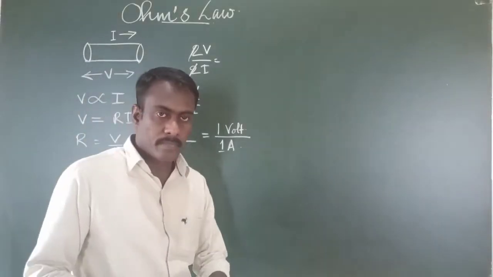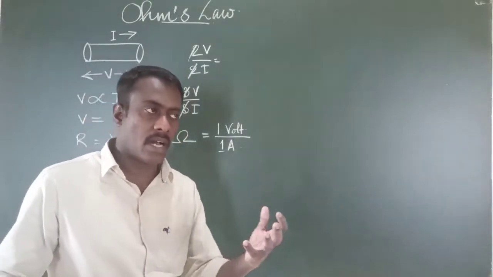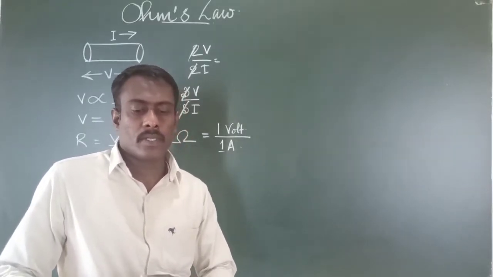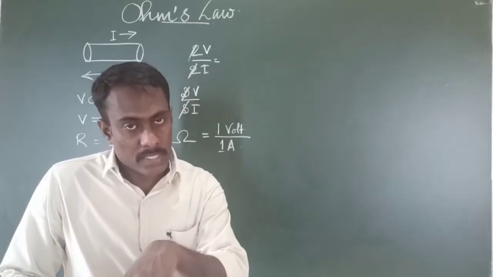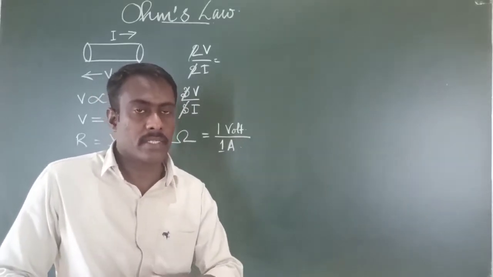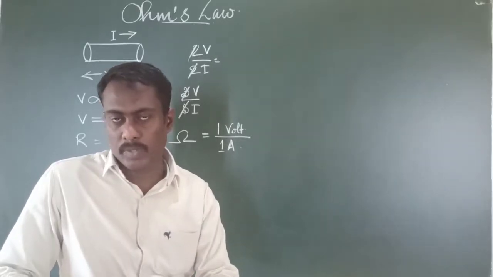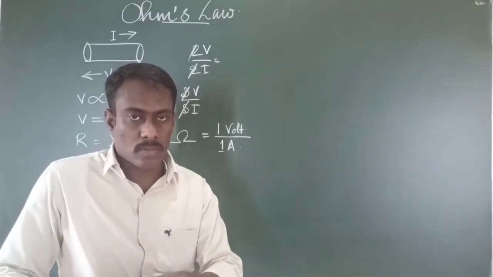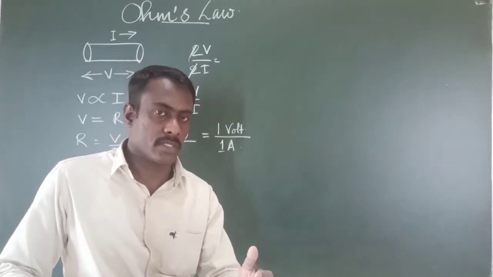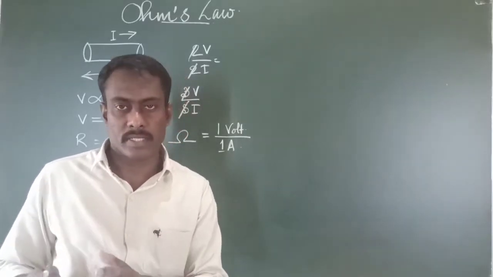Comparatively, if you take a half meter of conductor, even of the same material, the resistance will be less than that of the one with the higher length. Why? Because the free electrons face fewer collisions while traveling a smaller distance.